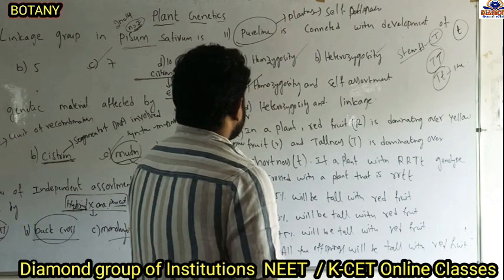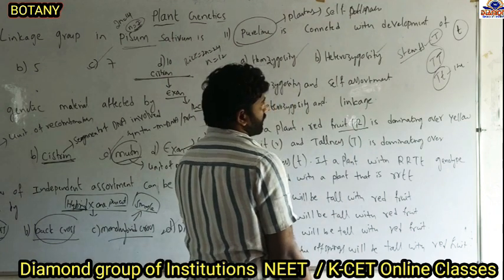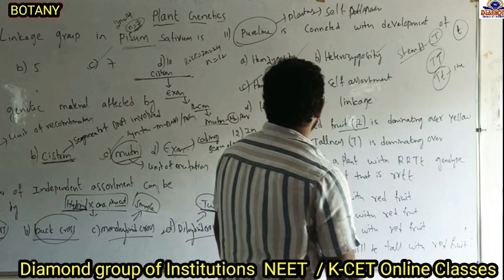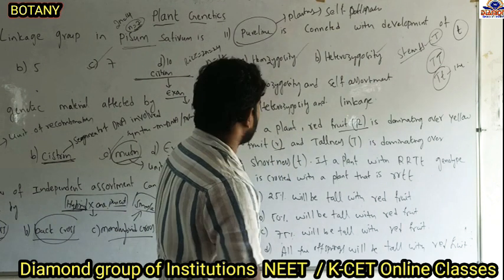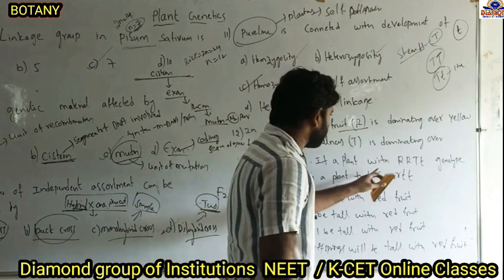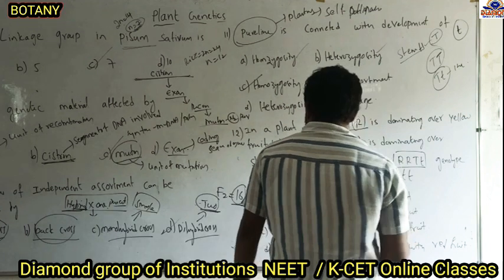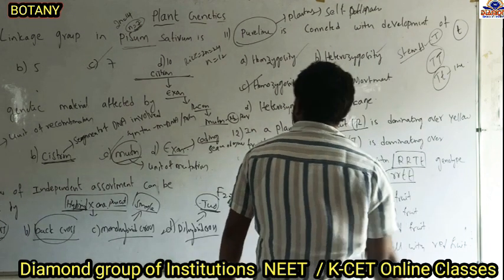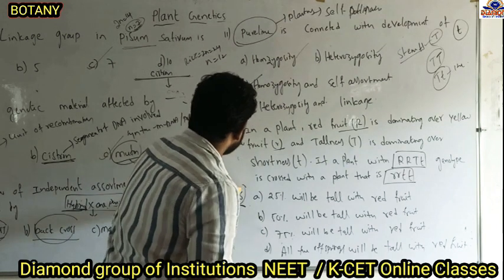In a plant, red fruit, capital R, is dominant over yellow fruit, small r. Tallness is dominant over shortness. If a plant with genotype capital T small t is crossed with small t, what will we get? See the question here.